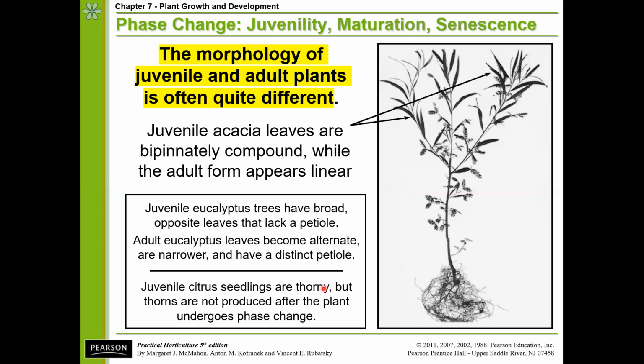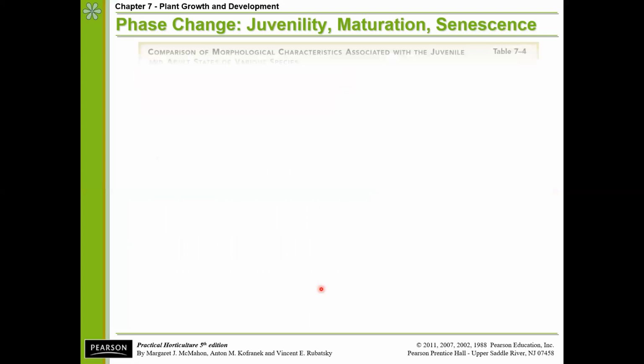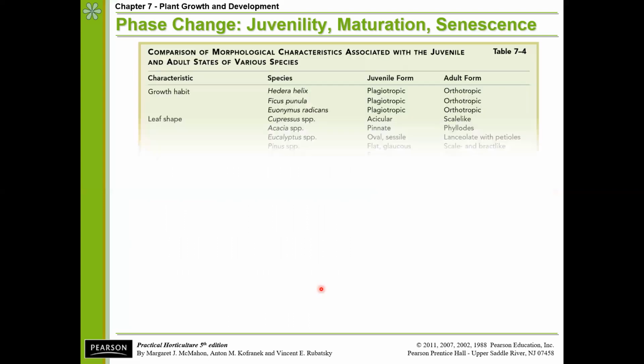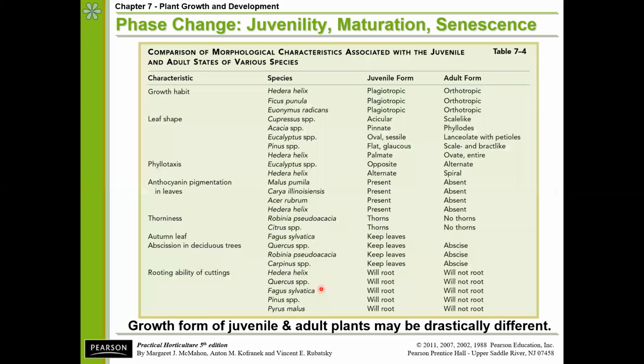Citrus trees are thorny when they're young, trying to protect themselves, and when they get older, they tend to reduce that thorniness, or sometimes it disappears altogether. Here's a chart of some of these morphological characteristics and how they change from the juvenile to adult form.